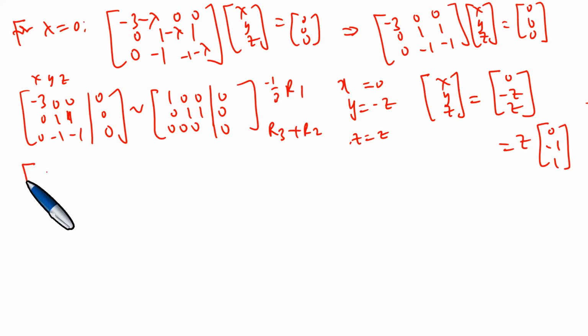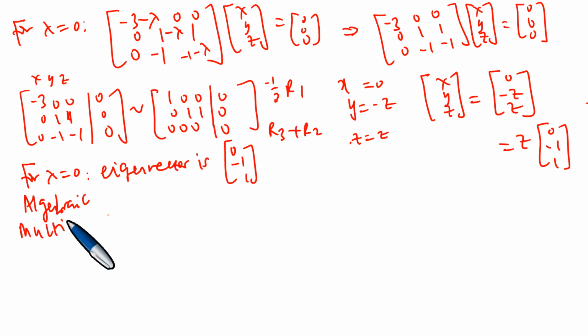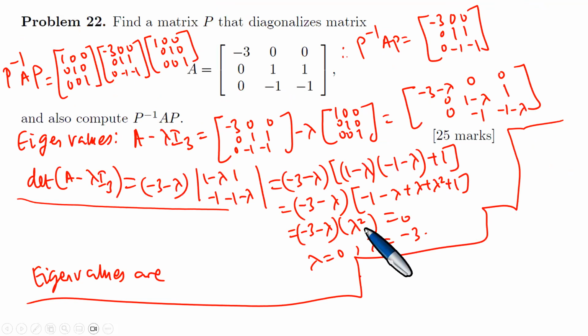So for lambda equals 0, the eigenvector is 0, minus 1, 1. This one has algebraic multiplicity equals 2 because it's lambda squared.